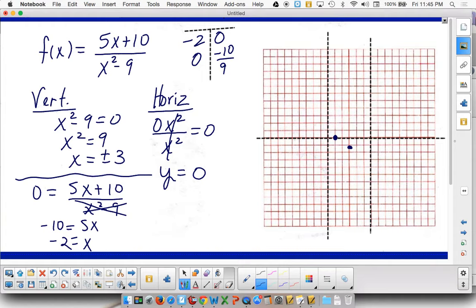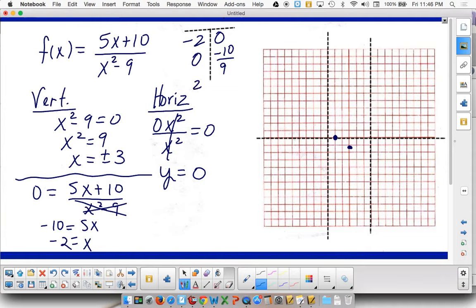Well, it could be a parabola going upward, could be a scrabola coming downward. We need another point. Since I plotted negative 2, I'd probably plot positive 2 just to see what's happening. So you just have to try a few more points.